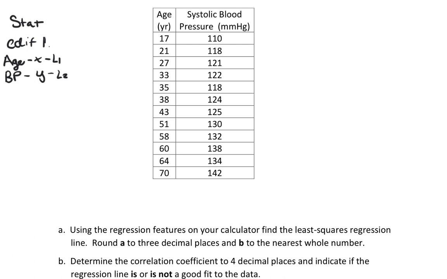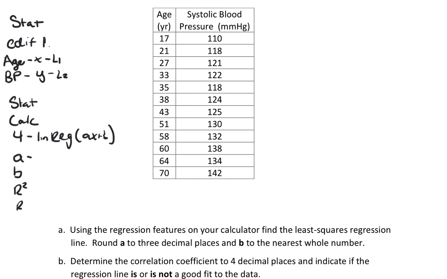And once we do that, we go back to stat. We're going to go over 1 to calc, and we're going to press 4. It's called LinReg, AX plus B. And we're going to click enter, and it should give us our A, B, R squared, and R.